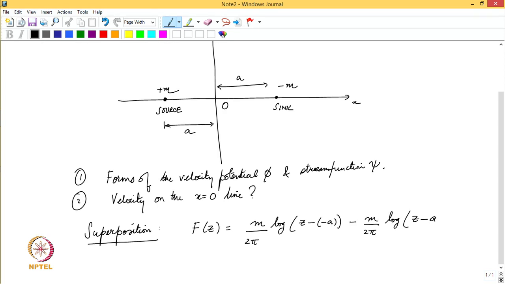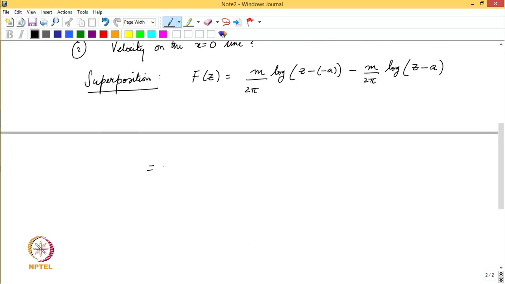So, we will have z minus a. I can say this coordinate here is a comma 0 and this is minus a comma 0. Well, we can write f as then m by 2 pi log of z plus a by z minus a. All right. This is f of z in this scenario.